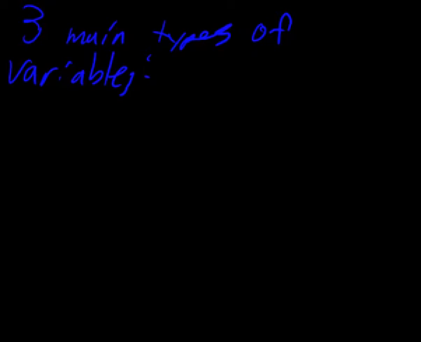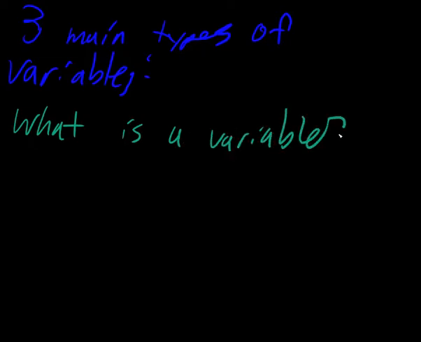So first things first, what is a variable? So a variable in math, let's first understand what a variable in math is. So in math, a variable could be equal to a number.